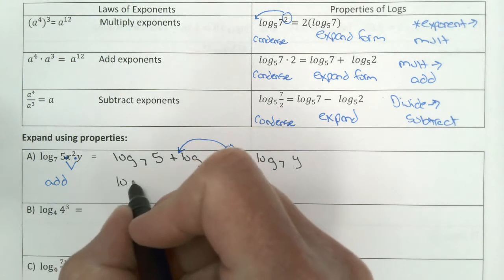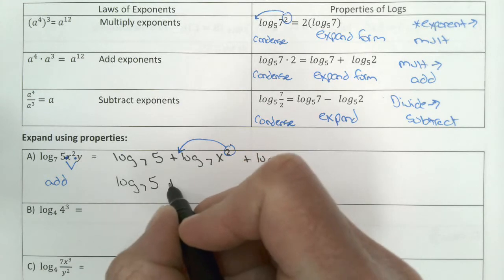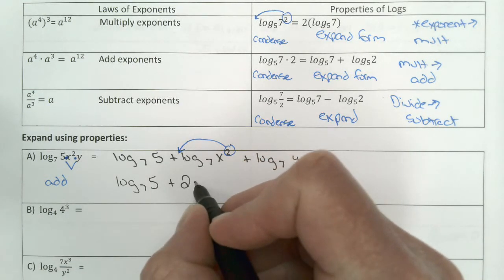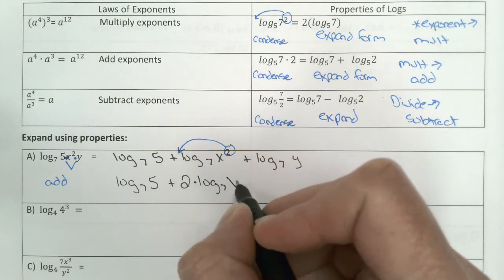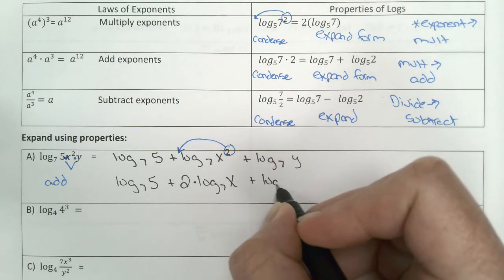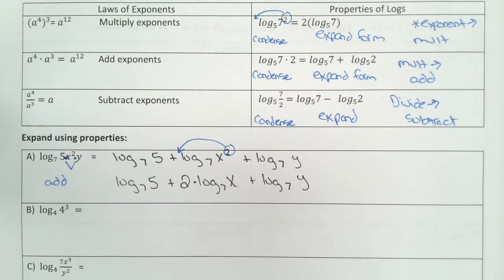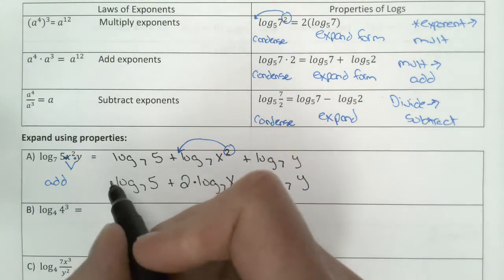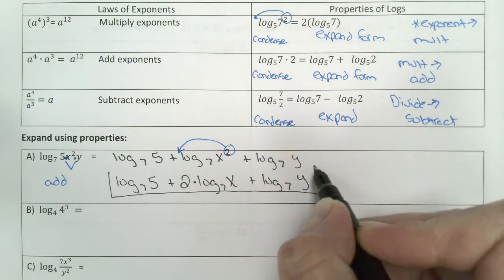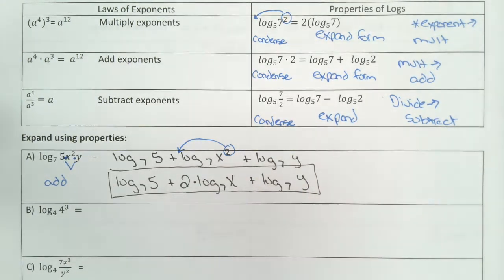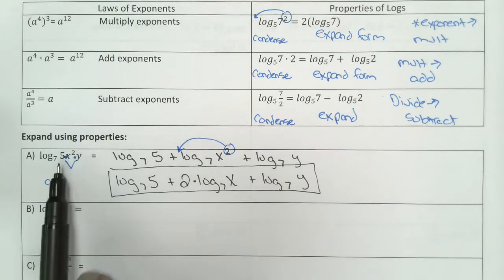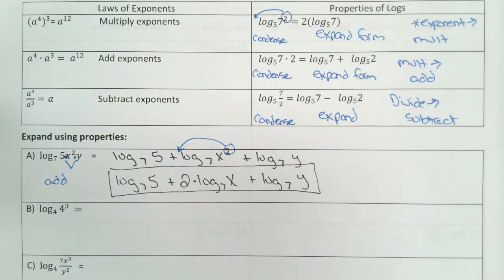So this becomes log base 7 of 5 plus 2 times log base 7 of x plus log base 7 of y. And this is how you expand logarithms when you have terms being multiplied together.